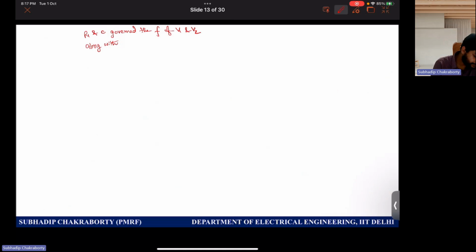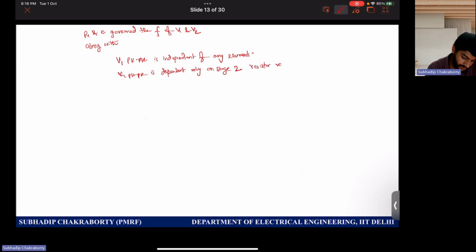So I will write: V1 peak to peak is independent of any elements, but V2 peak to peak is dependent only on stage 2 resistor values of the Schmitt trigger arrangement.